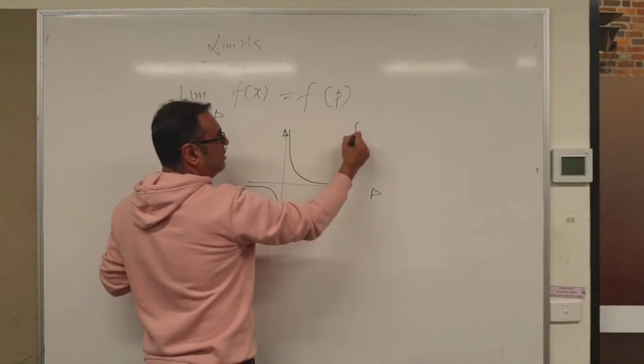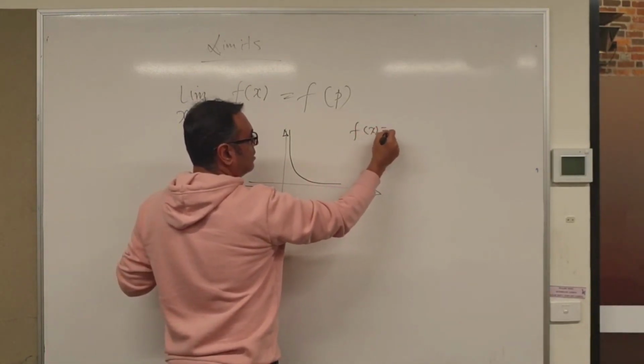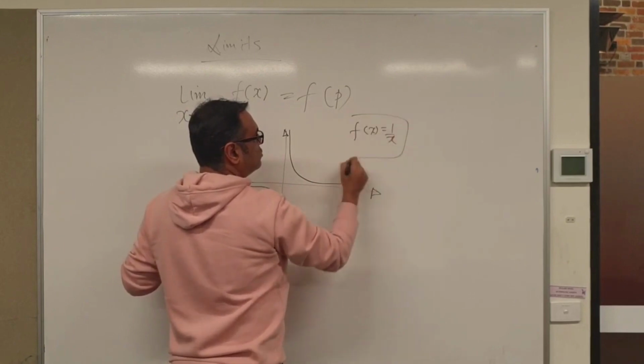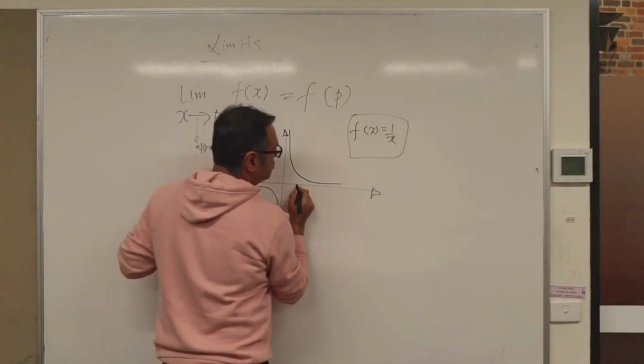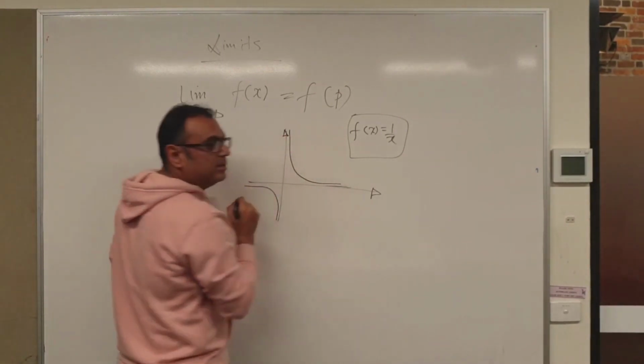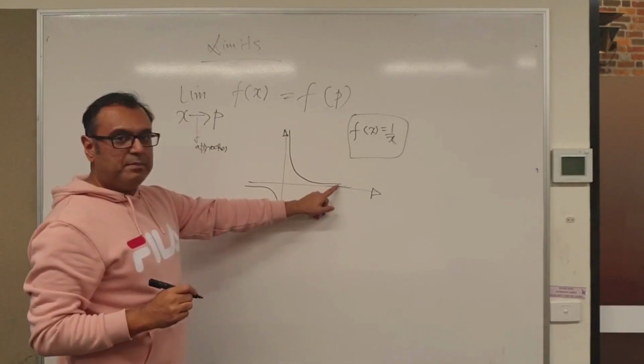This is a rectangular hyperbola. f of x equals 1 over x, right? This is the asymptote here. What is happening here?